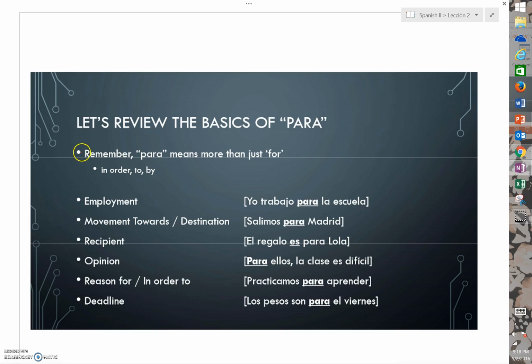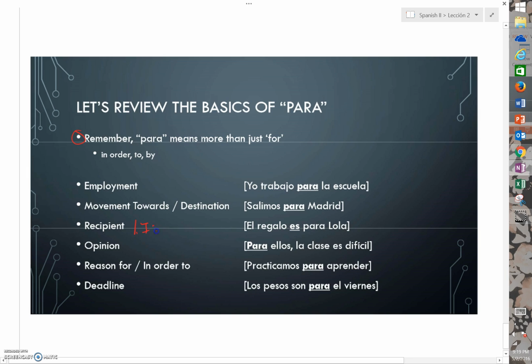Remember, para means more than just for. It means in order to and by. And para is used to express employment, like yo trabajo para la escuela. It's used to express movement towards something or a destination. Salimos para Madrid. It is used to express the recipient or an indirect object.